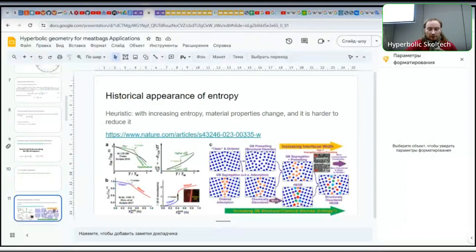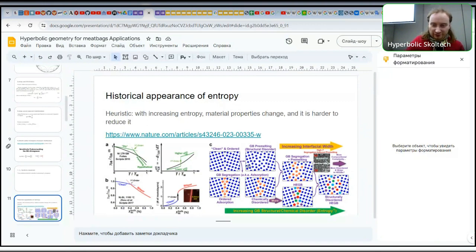Okay, so historically it appeared as some physical quantity of a situation. With increasing entropy, material properties will change.